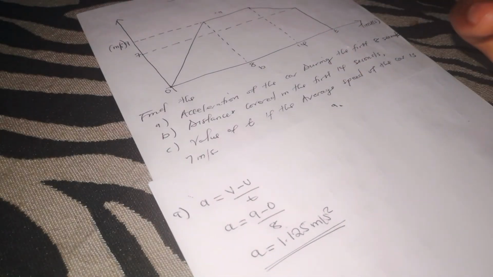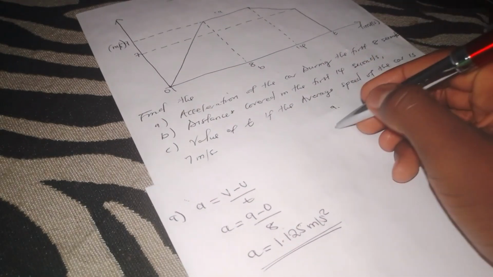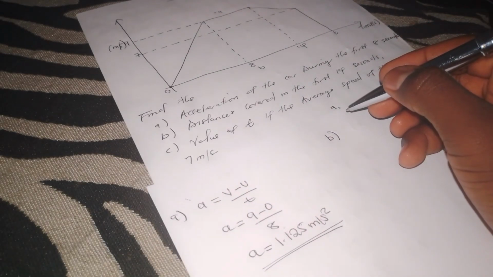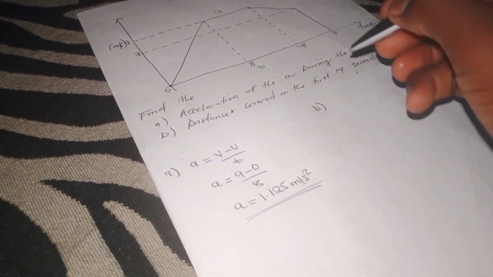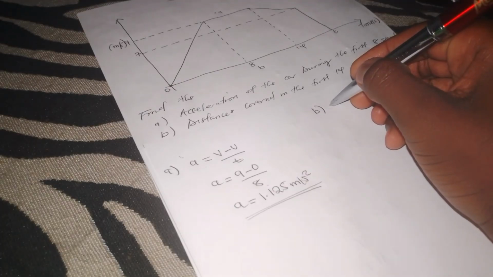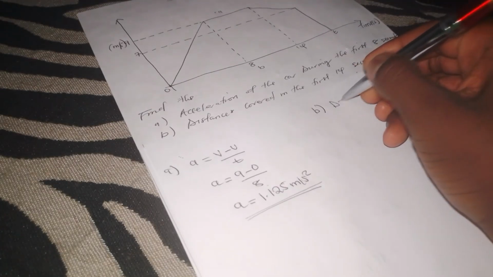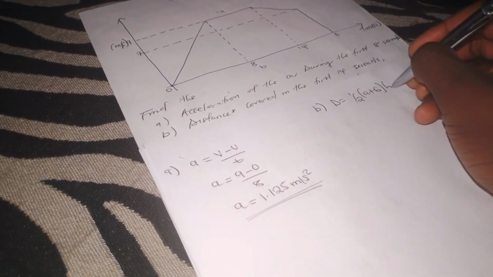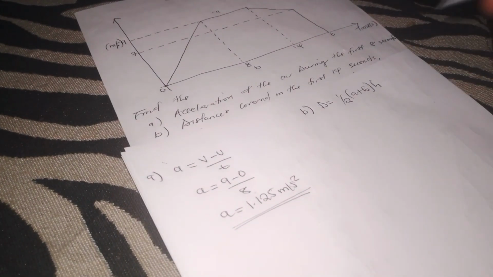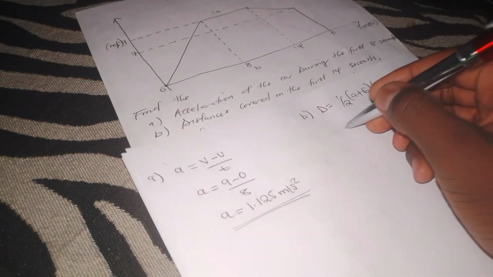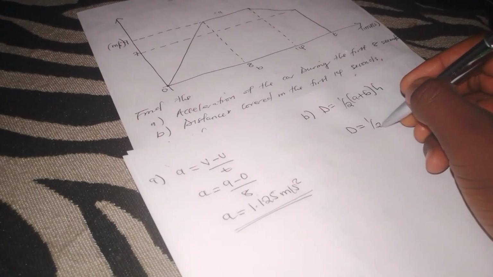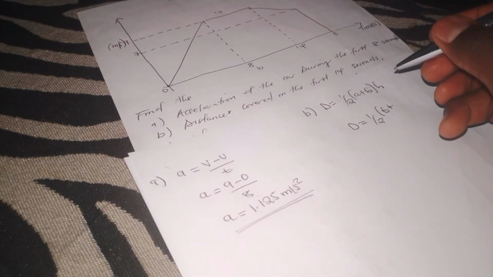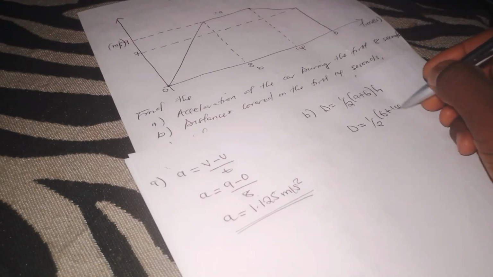Okay, so the formula for trapezium is distance is equal to half A plus B times height. Then distance is equal to half. Our A is 6, our B is 14. Our height is 9.